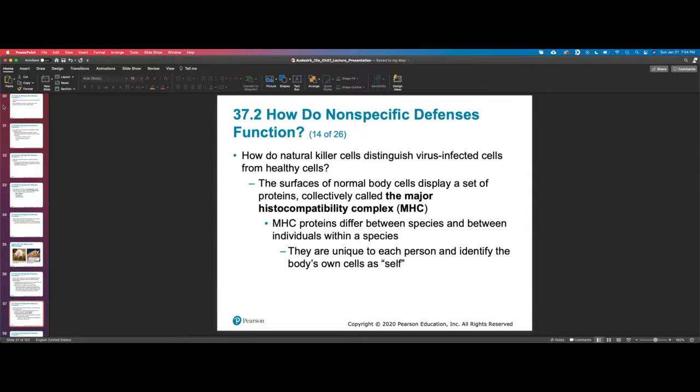So how does the immune system recognize self from non-self? Turns out there's a process by which immune cells, both non-specific and specific, learn to recognize self versus non-self during development.